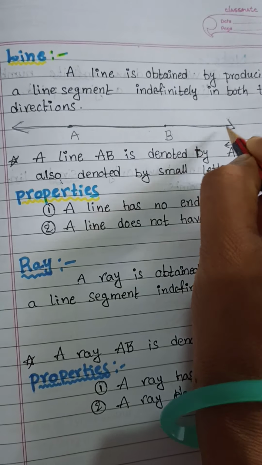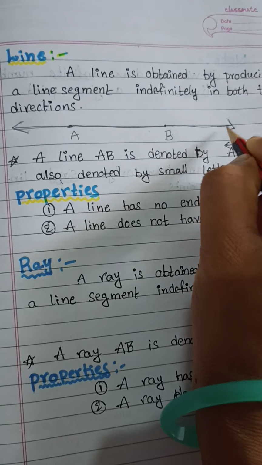So we cannot draw a line fully on the paper, so we cannot measure the length of a line. A line has no end points. A line doesn't have a definite length. It has indefinite length.